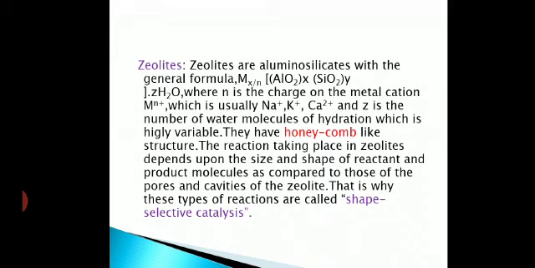The size of the pores generally varies between 260 picometer and 740 picometer. For example, the zeolite sodium aluminosilicate can absorb straight chain hydrocarbons and not branched or aromatic ones.